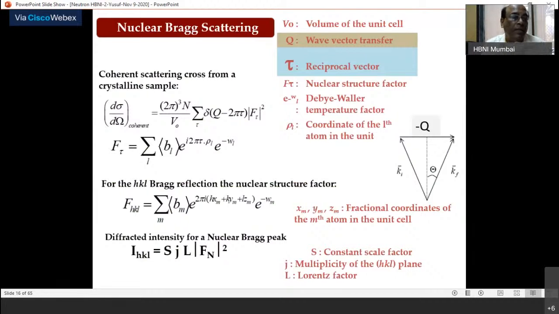Since at ILL the incident flux is higher compared to our reactor, the neutron flux falling on the sample is higher, so you will get higher intensity. That means the observed intensity will be higher. That's why in some cases where we have difficulty measuring here, we go to a place where the incident neutron flux is higher. So this is the scale factor.